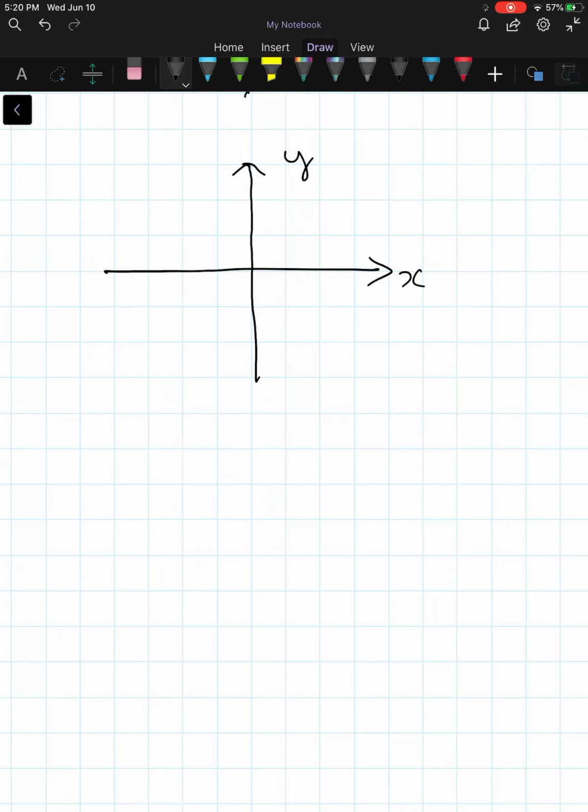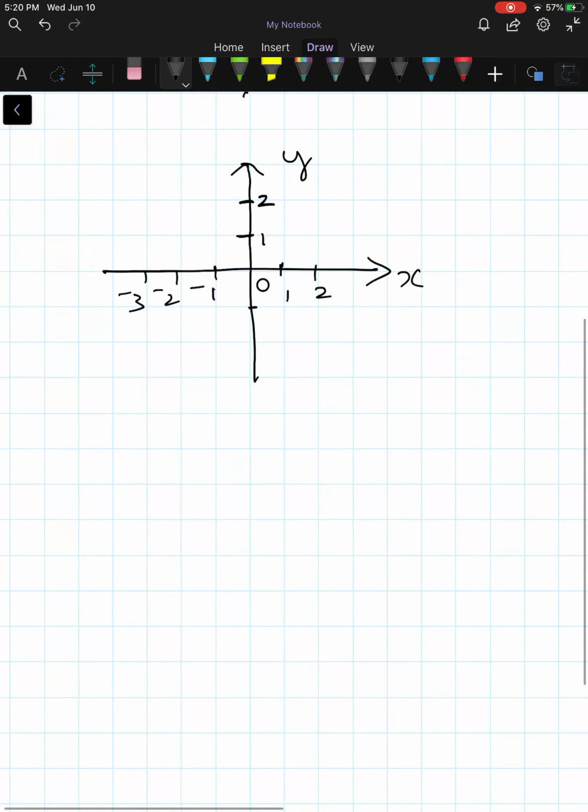So to plot points, you have 0, 1, 2, and this goes on, and this will be negative 1, negative 2, negative 3. So you have the same values vertically as well. This will be positive 1, 2, and that will go on up to positive infinity. And below the origin, that would be negative 1, negative 2, and that will go on up to negative infinity.